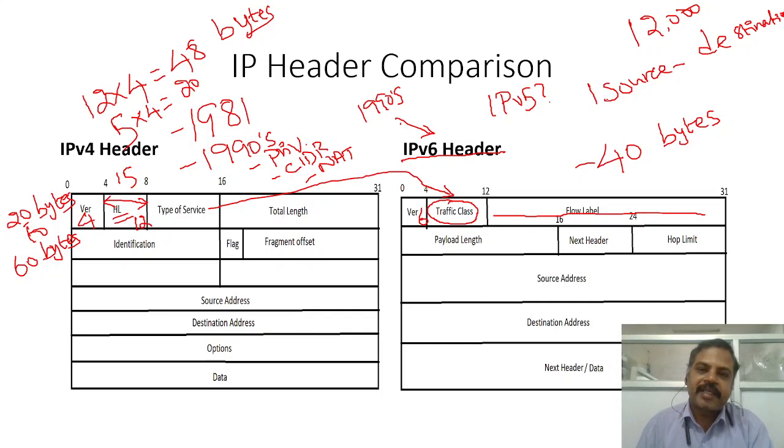Then all the packets may be going through the same route, and all the packets should be given the same quality of service. So this flow label defines how a sequence of packets should be handled by the intermediate routers. So that's the purpose of flow label.